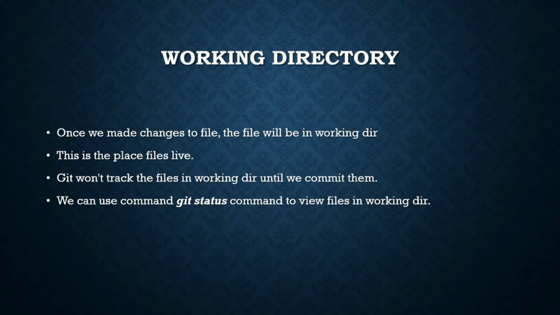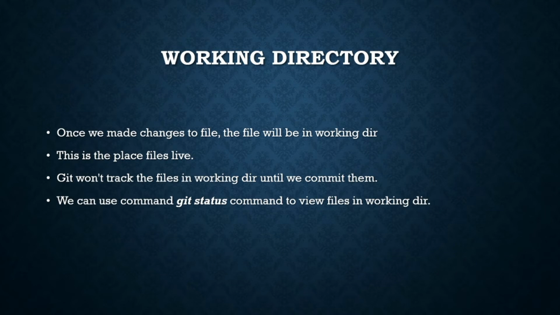When you make changes to a file in your working directory, Git will recognize that a change happened to this particular file, but it will not save that file until we do a commit. Also, if any file stays in the working directory, Git will not track it.